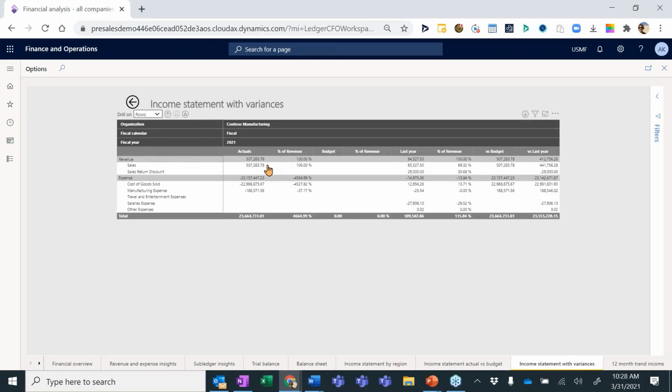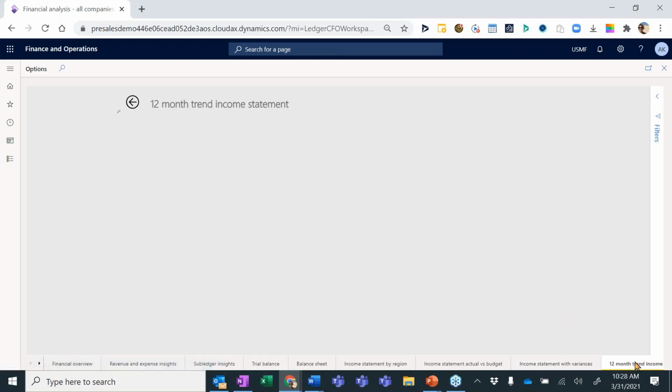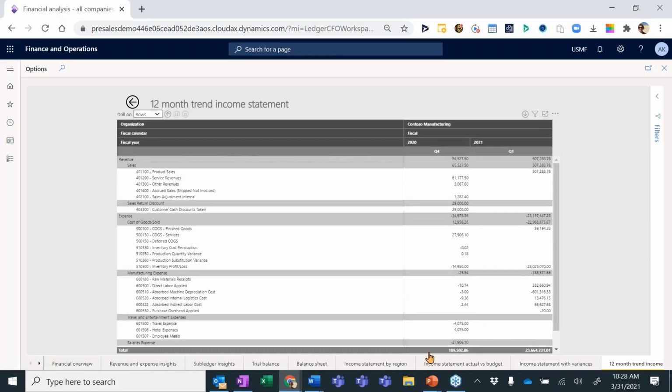Similar view, except looking at my actuals as a percentage of revenue and my budget as a percentage of revenue. So I'm getting a slightly different view on my business. And then this is my 12-month trend that I can blow out by quarters and really get a different way of looking at my business.